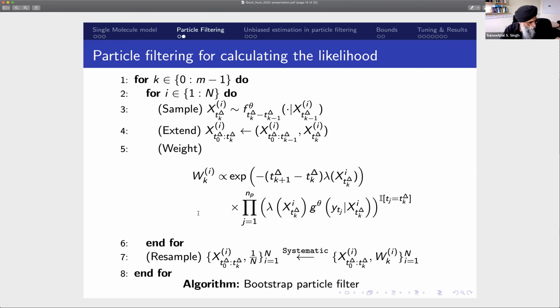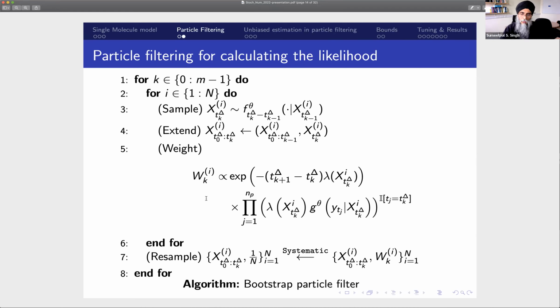For those of you who don't know particle methods, you can say that I'm simulating a population of values for the state at time t0 delta, t1 delta, and so on forward. I'm going to use importance sampling to reweight the state every time I have an observation, and then use resampling to turn that weighted population into an unweighted population to stabilize the algorithm over time.